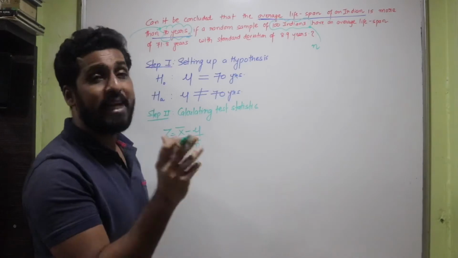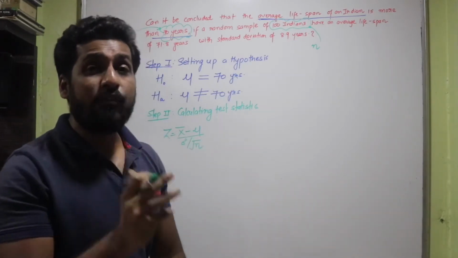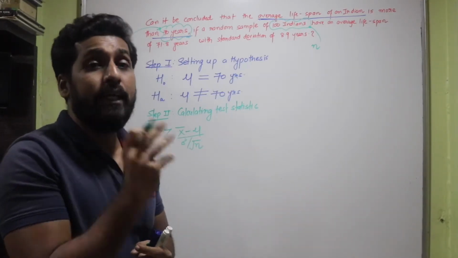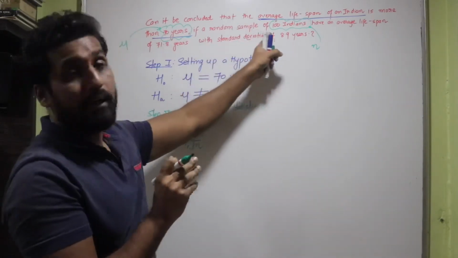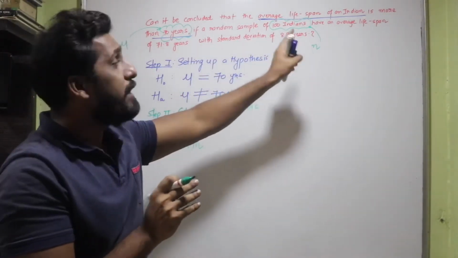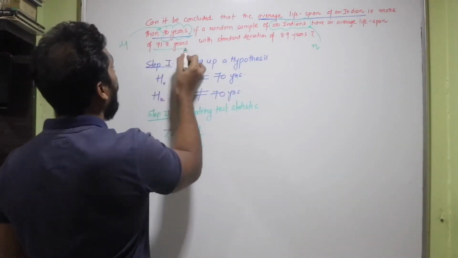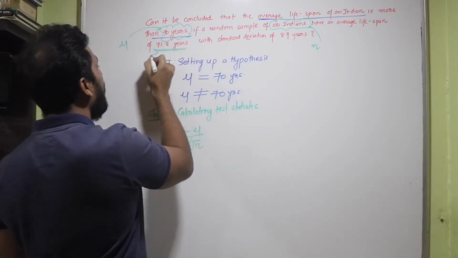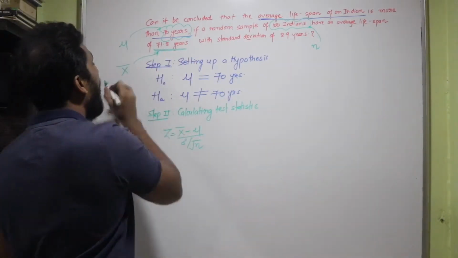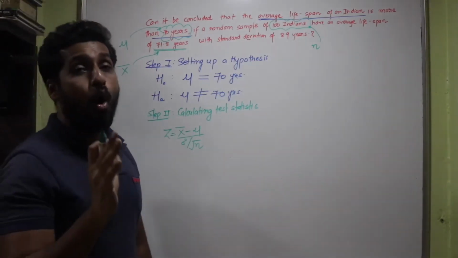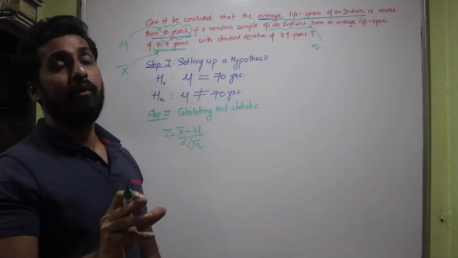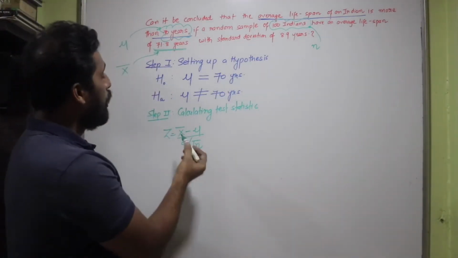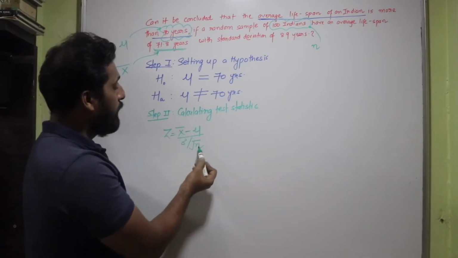It is the average lifespan of the sample of 100 Indians that we have taken. That means this 71.8 years is the value of X bar, the mean of the sample. So there is the X bar value, the mu value, and the n value.